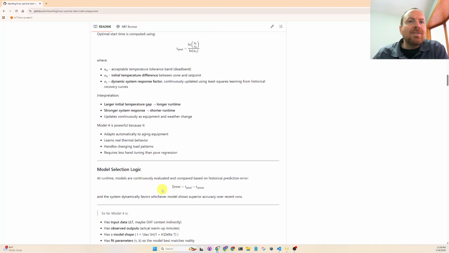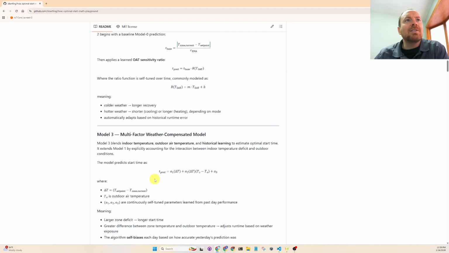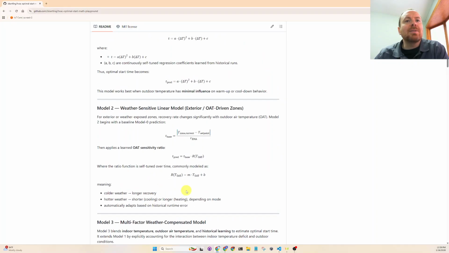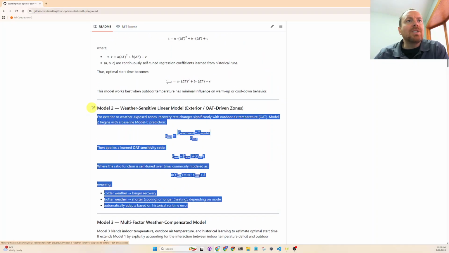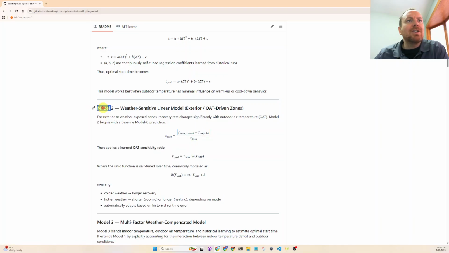So I also have this, which I've been showing in the Niagara building automation system. All 4 of these models are running, so I've been showing some screenshots here and there, and this model 2 is giving me the best performance. But there's not a lot of data in it yet.